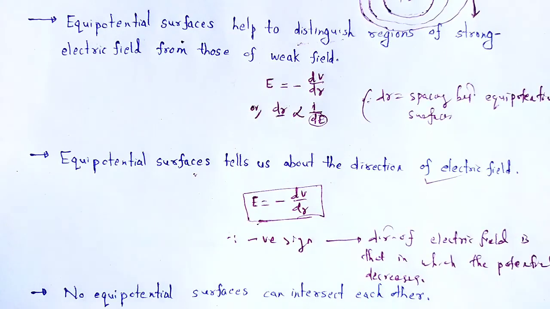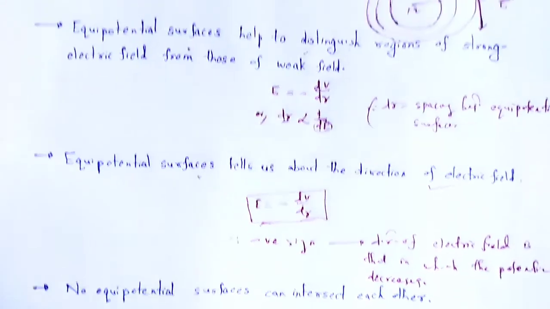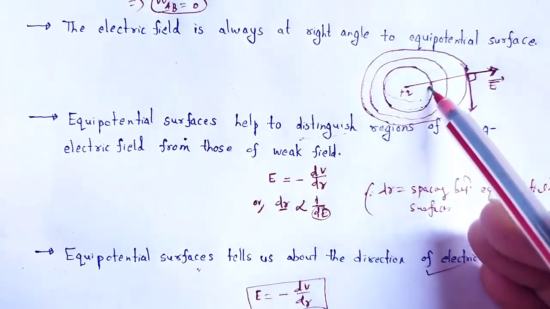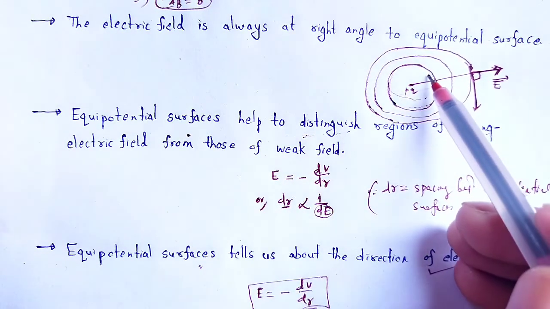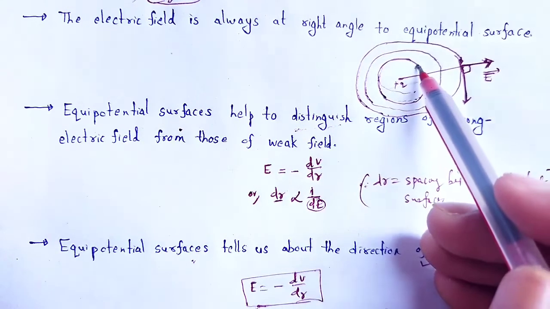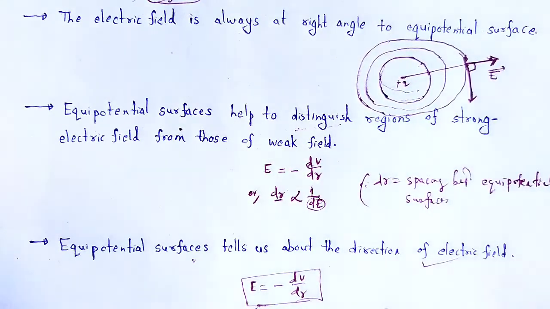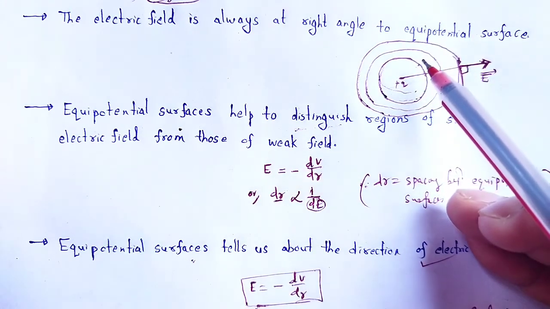Next one: no two equipotential surfaces can intersect each other. These are the equipotential surfaces. Two equipotential surfaces can't intersect each other. If they did, the potential at the points of intersection would be different.